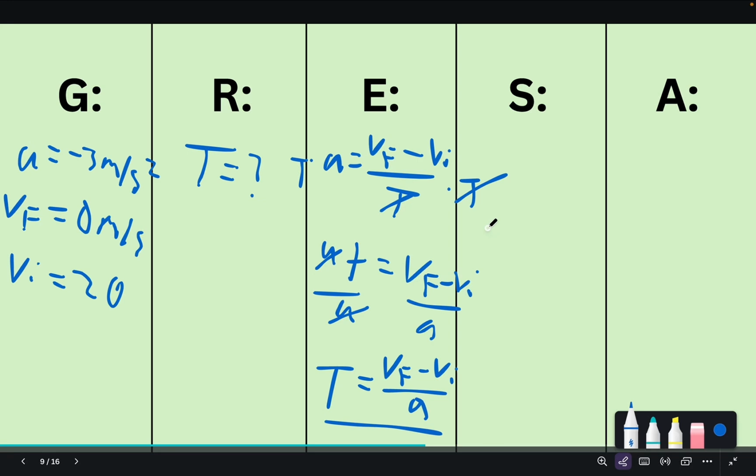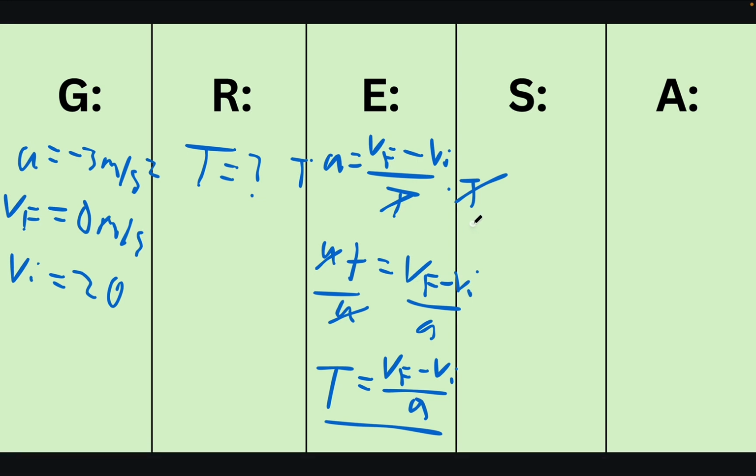So because of this, we can solve this normally. We get time is equal to 0 minus 20 divided by negative 3. And since both of these are negative numbers, it would lead to a positive result, which is good because there's no such thing as negative time.